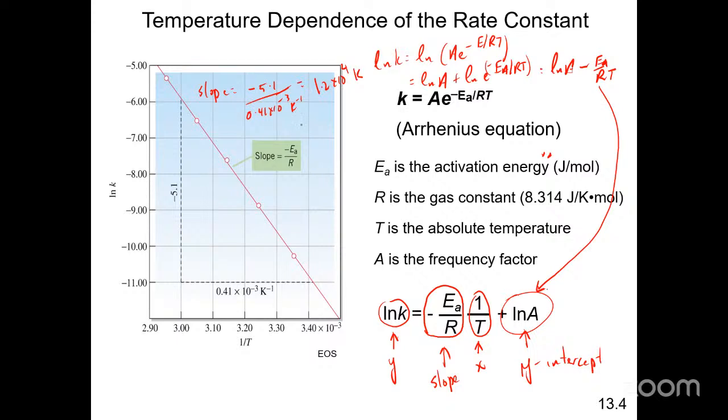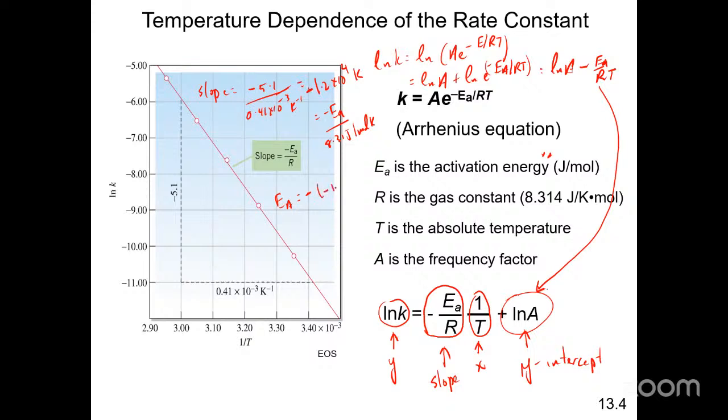But remember now, that would be equal to the slope. So that would be equal to minus EA over R. R is 8.31 joules per mole Kelvin, all right? So therefore, to find EA, that would be equal to minus, oh, by the way, this should be minus here, right?